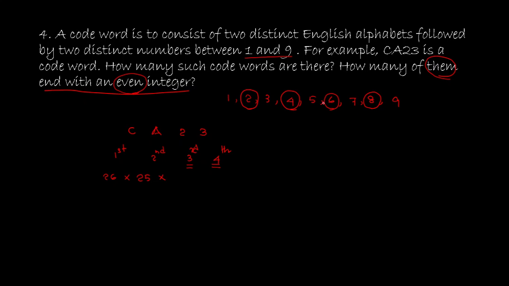So there are 4 numbers for the even integers. So for the fourth place, we have to choose from these 4 numbers.